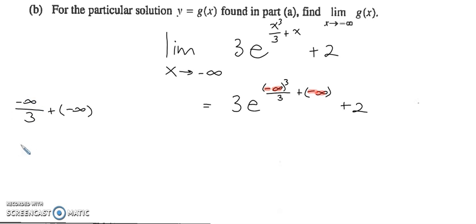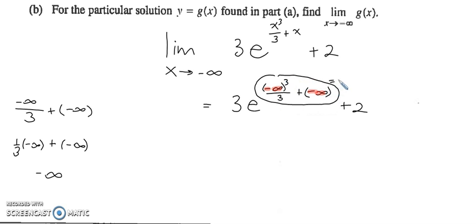You want to look at this as 1/3 times negative infinity plus negative infinity. That 1/3 pretty much plays no effect on it. It's still going to negative infinity. Negative infinity plus negative infinity is just negative infinity. So this exponent is approaching negative infinity.